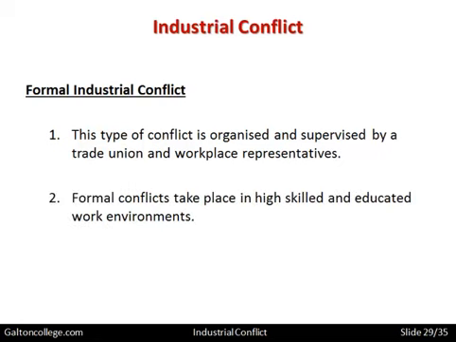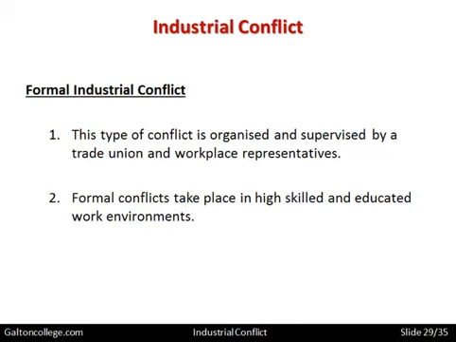Formal conflicts take place in high-skilled and education work environments, the same as manual environments. So the potential for conflict is not restricted to labour work or hard manual work. It cuts right across the services and at all levels.